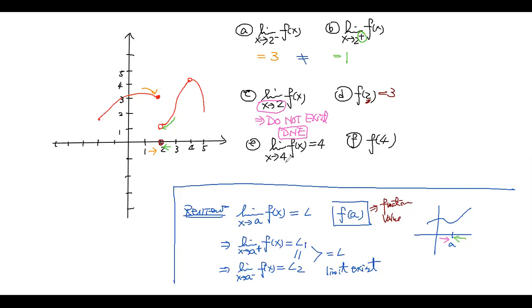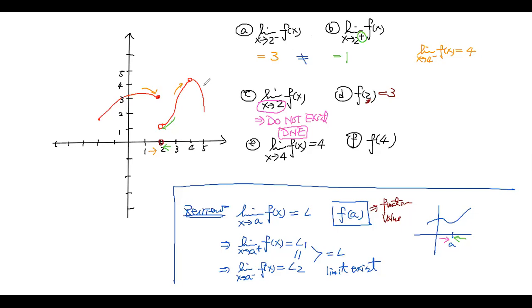Okay, so now let's take a look at x approaching 4. Let's do the left-hand side approach first. Here's the 4, right? So the limit as x approaches 4 from the left-hand side of f(x) is going to give me 4, right? Now I'm color coding here.